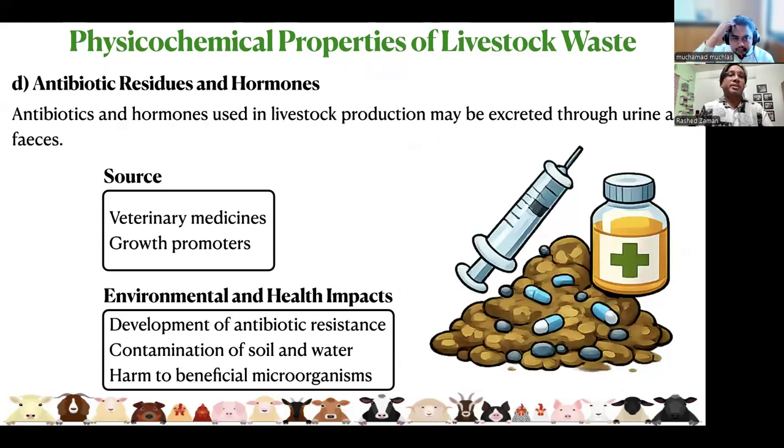Now the antibiotic residues and hormones. Livestock waste also contains some antibiotic residues and hormones because they are used during the raising of the livestock. The sources are veterinary medicine, because sometimes antibiotics are used for the treatment of infected animals, and from their feces or urine, these antibiotic residues can easily mix with the waste.